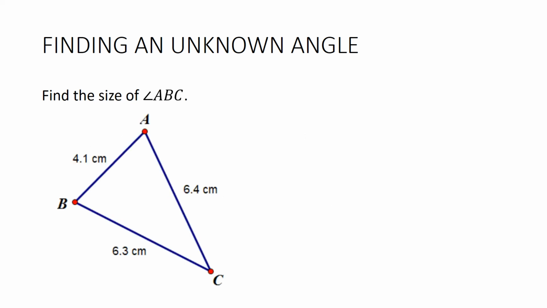Here's another one where the letters are in the wrong place, so we're going to change it. There's our formula. We want the size of angle ABC. I'm going to mark it to begin with. Alright, so this is going to become angle A, which makes this little a, and I just don't care about these ones at all.